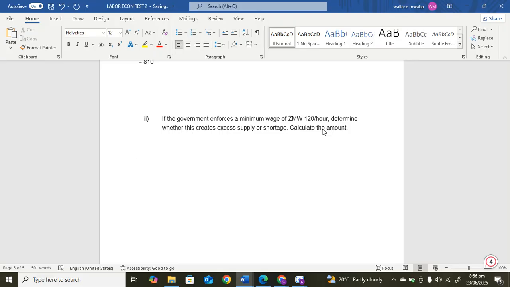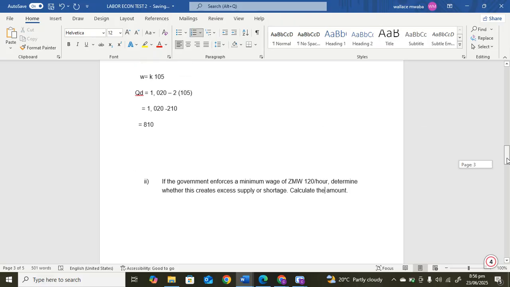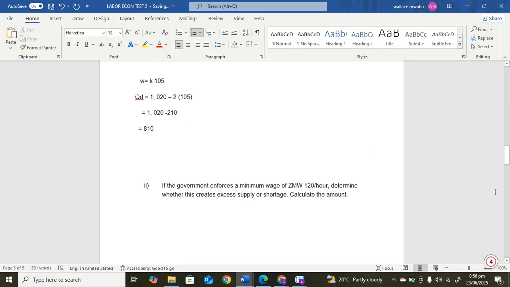Okay. You can't pay them lower than that. All right. So what we need to do is put this minimum wage of 120 kwacha per hour into our demand and supply equations. And we're going to see whether the quantity demanded is greater or less.